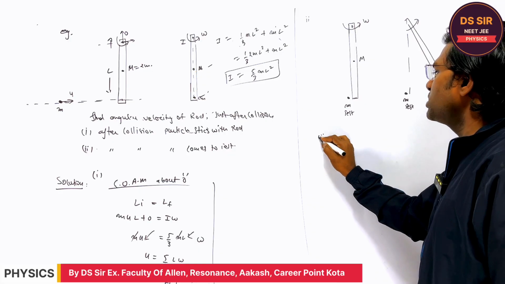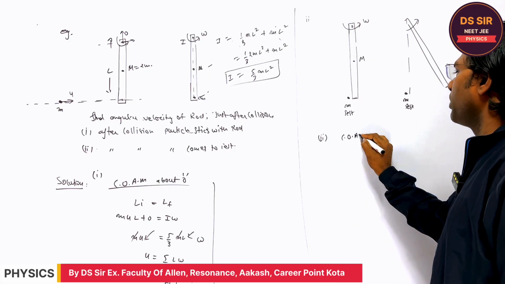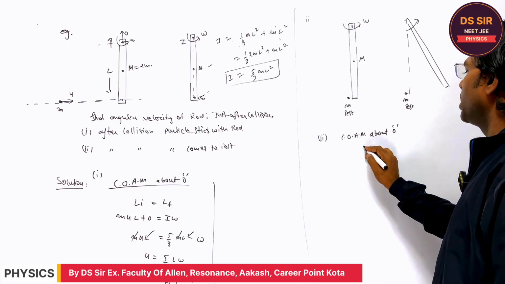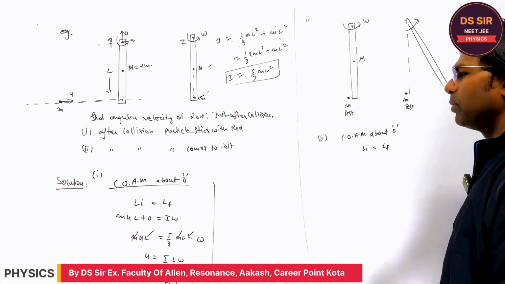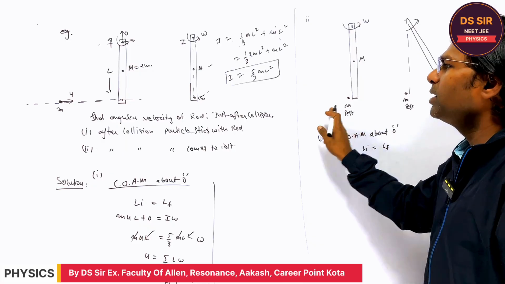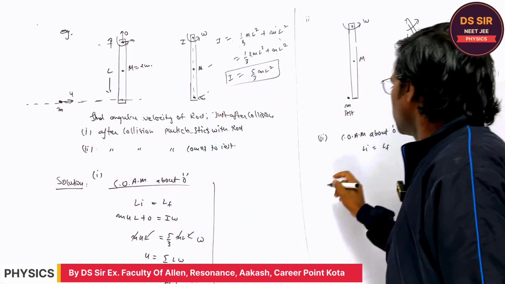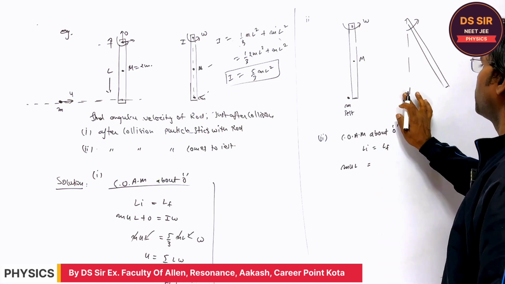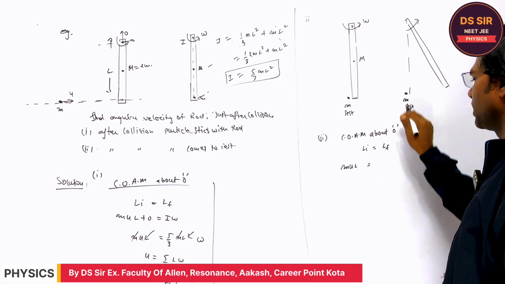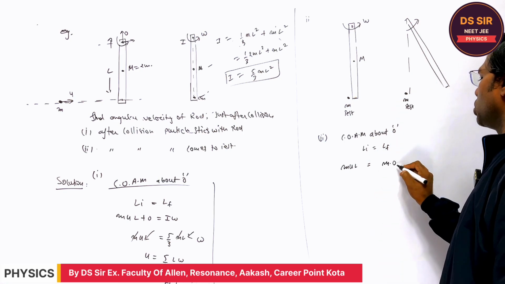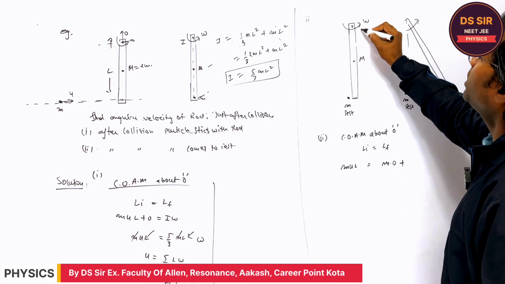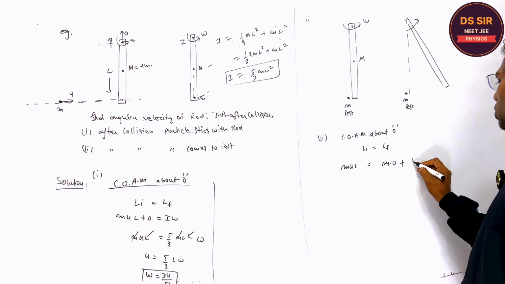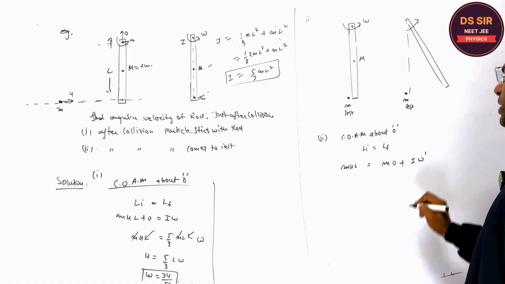In the second case, again apply conservation of angular momentum about O: initial momentum is equal to final momentum. The initial angular momentum due to the particle is mu into L. The final momentum of the particle is m into 0, so only the rod's angular momentum remains, which is I into omega dash.